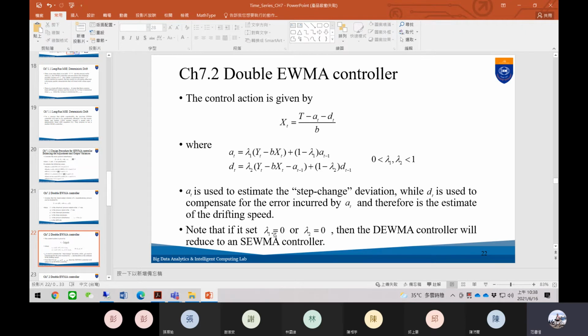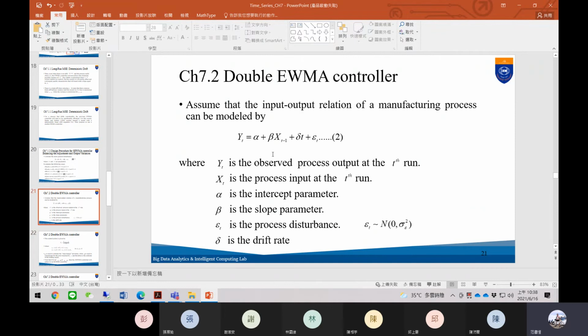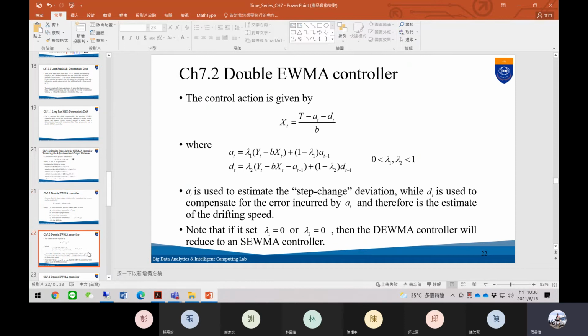If lambda 1 is not 0 and lambda 2 equal to 0, then we are not compensating for dt, since now we assume dt doesn't exist. Then equation 2 reduces to the previous process model, and the single EWMA suffices to perform the control task.